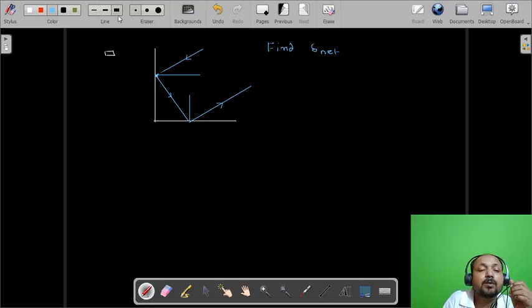Now we have to apply the geometry. Let's say this is the angle of incidence I, this will also be I. So this is 90 minus I. Just tracing the ray diagram.